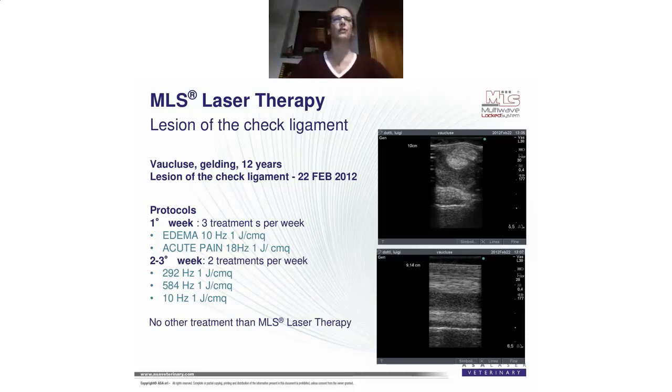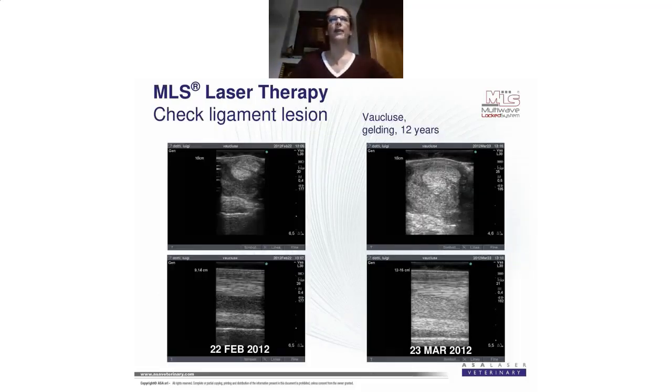There was no other treatment than laser therapy. No anti-inflammatory drugs, no bandages, nothing else. And here we can compare the difference. It was exactly 1 month after, using only laser therapy. So it was quite interesting. It was possible to increase the load of work.